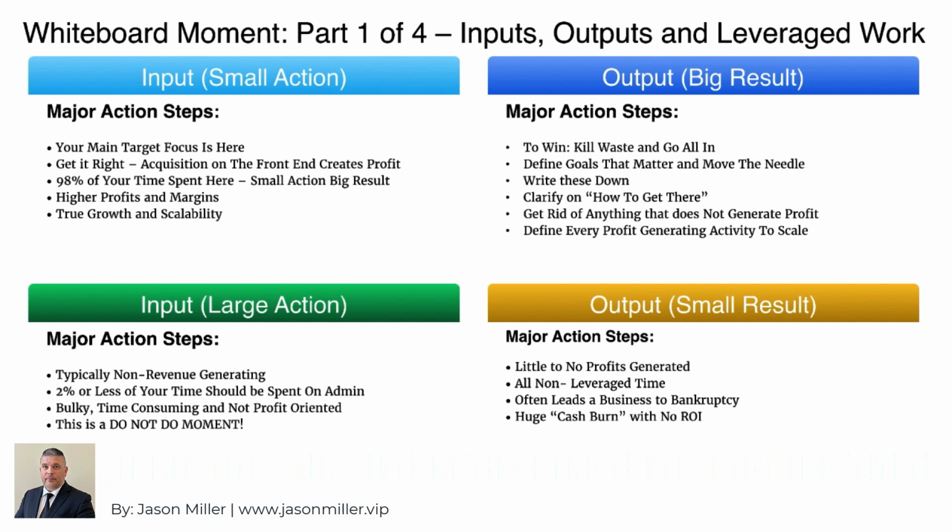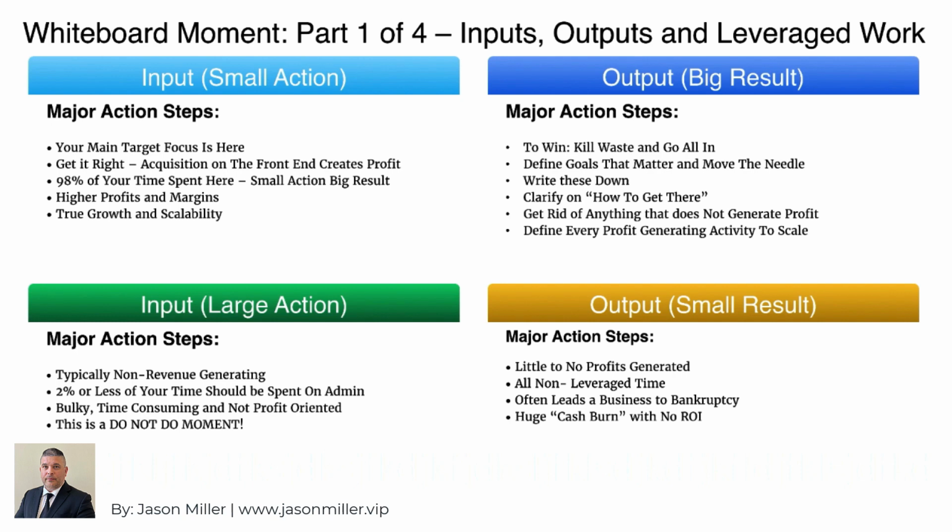It could be checking emails, it could be messing around on Facebook, it could be getting caught up BSing with other CEOs on the phone, all things that are not profit generating. I had one client of ours, they would spend at least 2 hours a day out shopping for the office for groceries and office supplies. Perfect example of a terrible input.